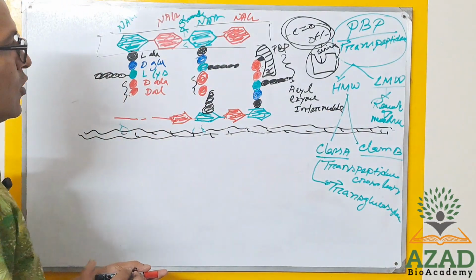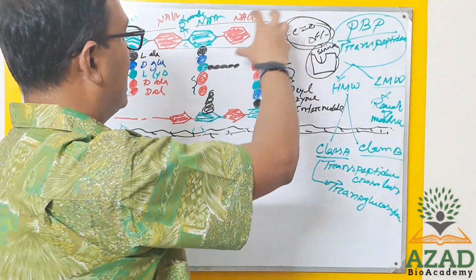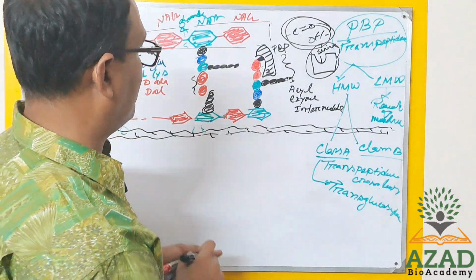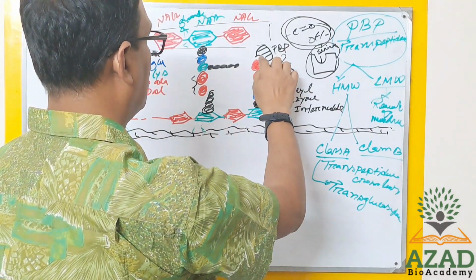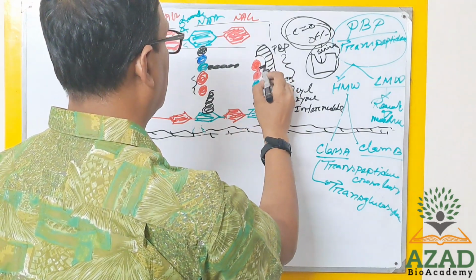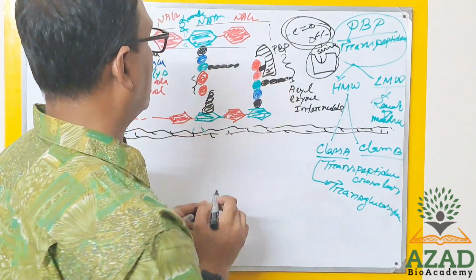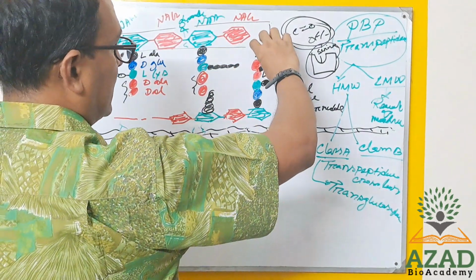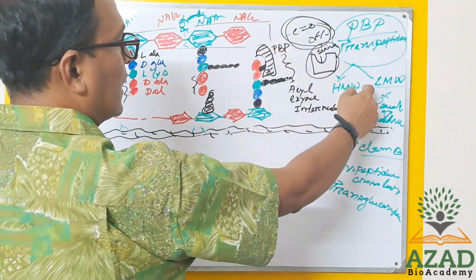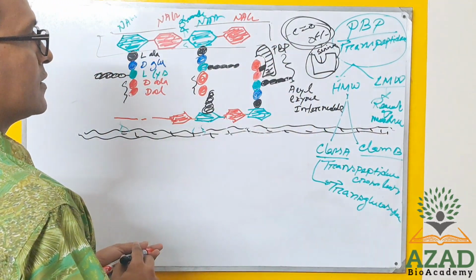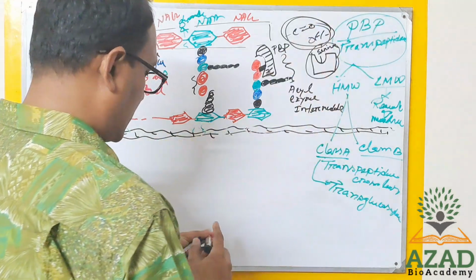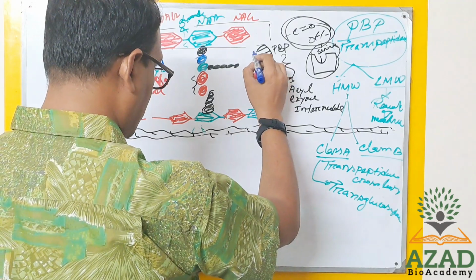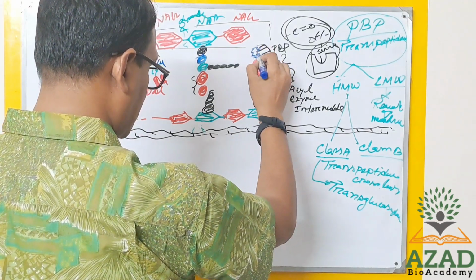Then what will happen? When it forms an acyl bond with the dipeptide, what will happen? Here, it is basically the high molecular weight PBP, and it is also attached with the low molecular weight PBP.